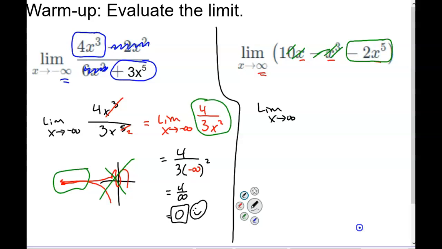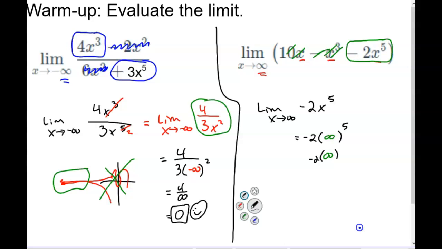So the limit as x goes to infinity can really just be determined by this piece, negative 2 times x to the fifth. So what are we going to do? We're going to plug in negative 2 times infinity to the fifth power. We're going to plug infinity in. And then we're going to evaluate, well, infinity to the fifth power is still infinity.